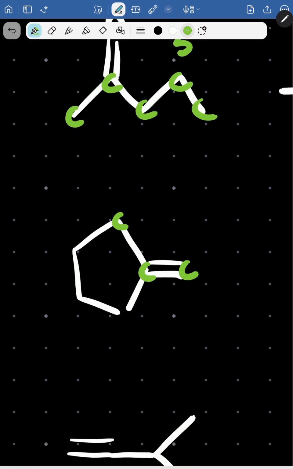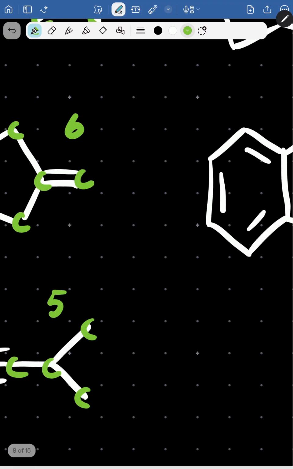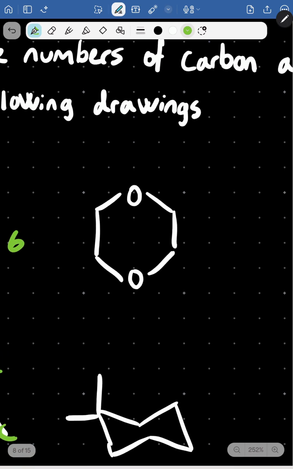1, 2, 3, 4, 5, 6. 6 carbon atoms. 1, 2, 3, 4, 5. 5 carbon atoms. 1, 2, 3, 4. 4 carbon atoms.